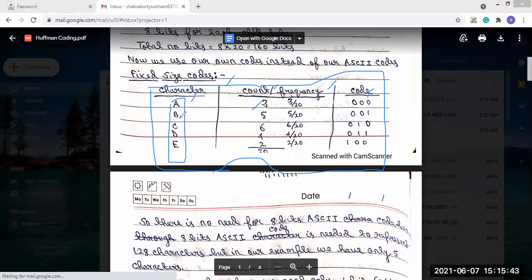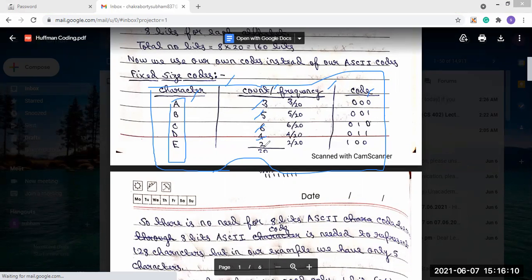Same as that, if we check B, the character B appeared in the message 5 times. The character C appeared 6 times. Character D appeared 4 times. And character E appeared 2 times.